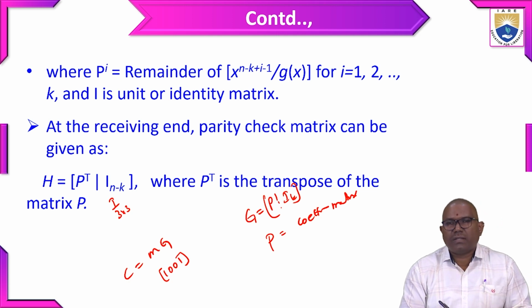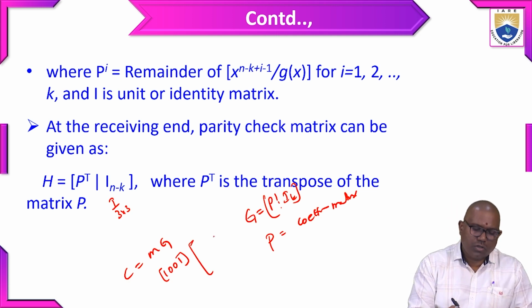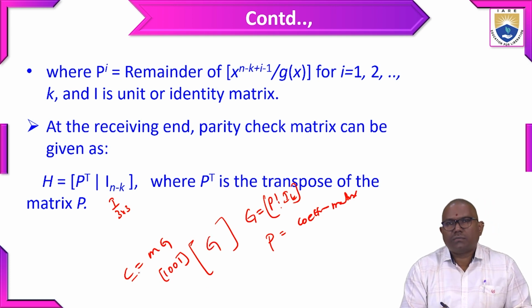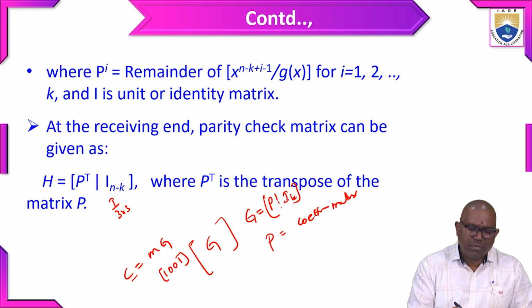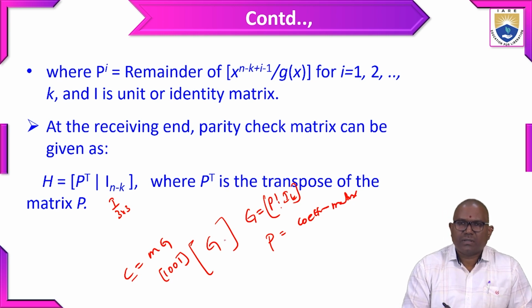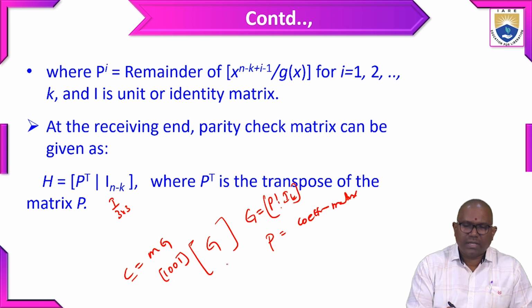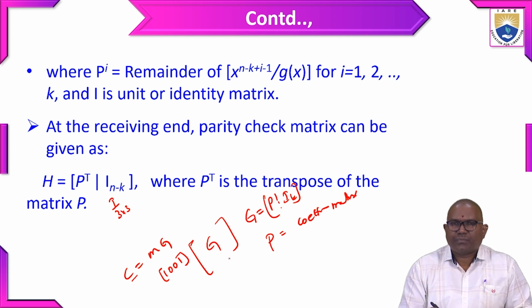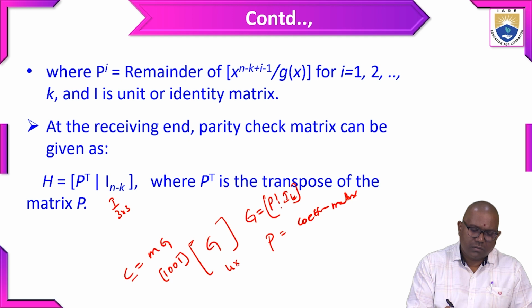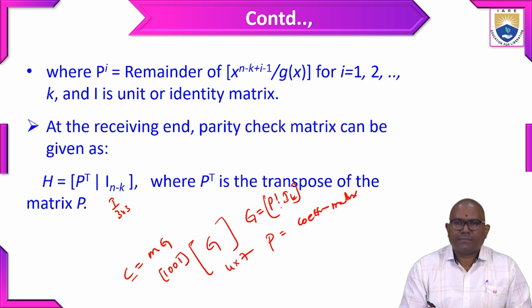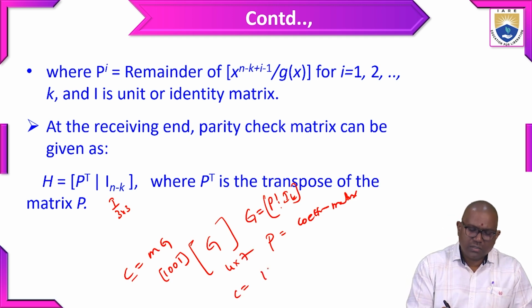For example, this is my message bits. I multiply these message bits by G, then I can generate the code. It is very easy, simply matrix multiplication. G has size 4 by 7, so the result is a code of 1 by 7 size.